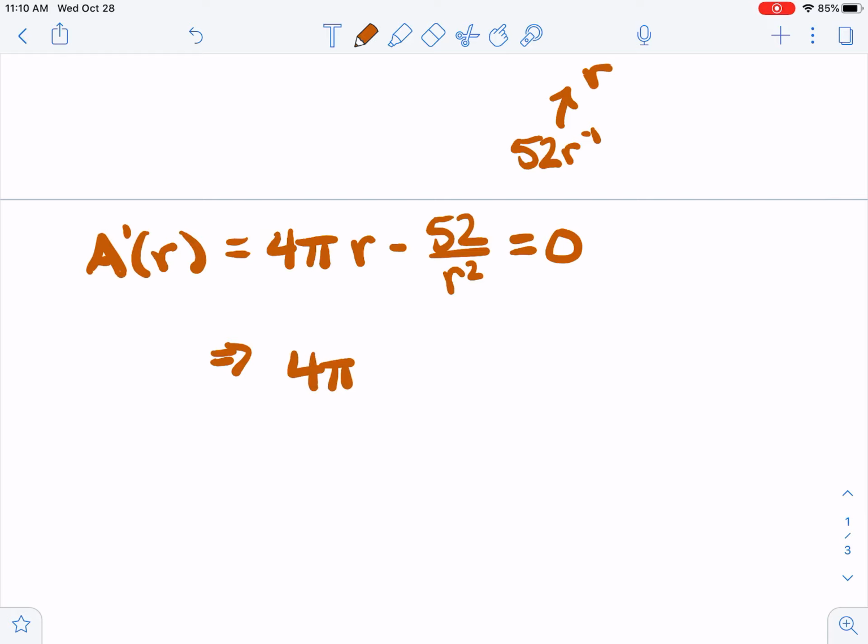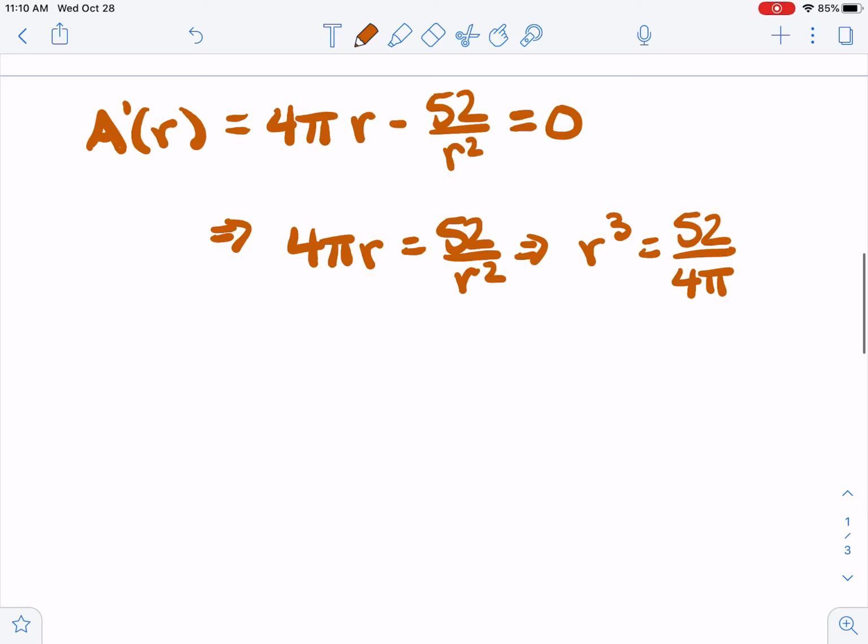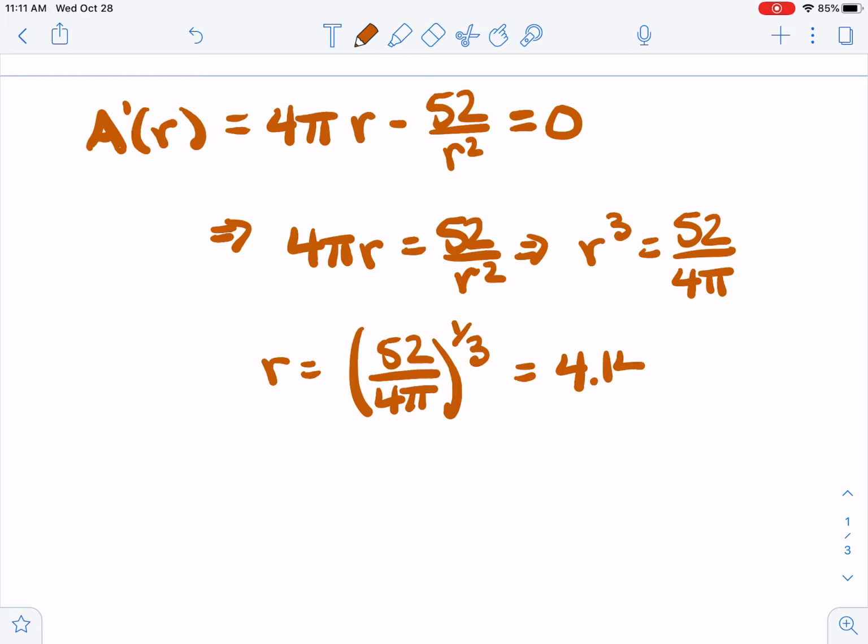We have 4 pi r equals 52 over r squared, or r cubed equals 52 over 4 pi. So r is the cube root of 52 over 4 pi, which comes out to be 4.14 inches. So that is the critical point here. That is where this function could have a local max or a local min.